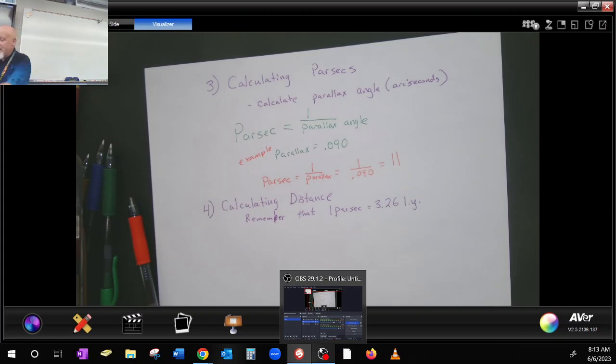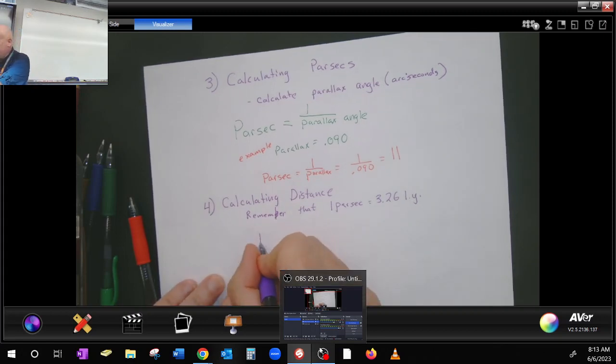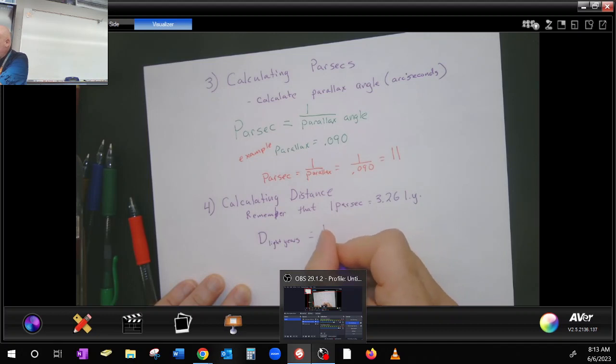From there, it gets actually pretty easy. So how many light years? The distance in light years? Well, that's going to be the parsec times 3.26 light years.